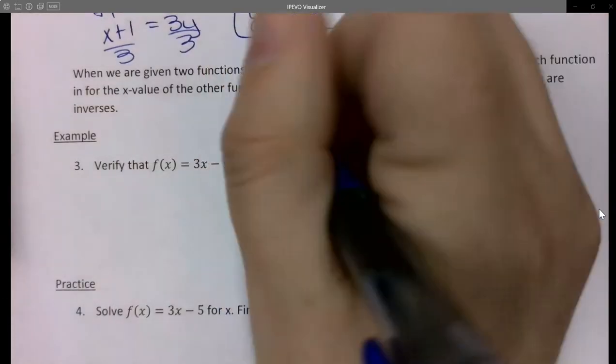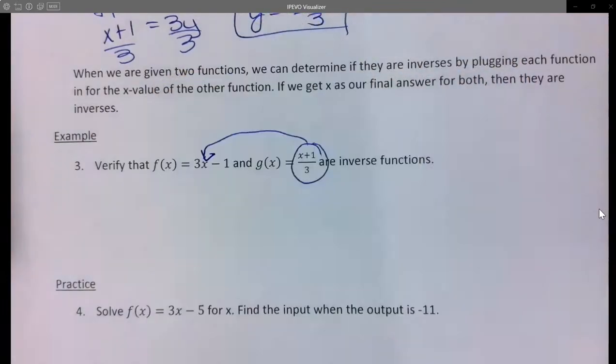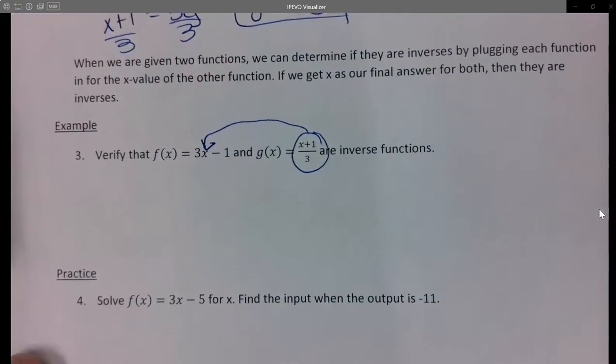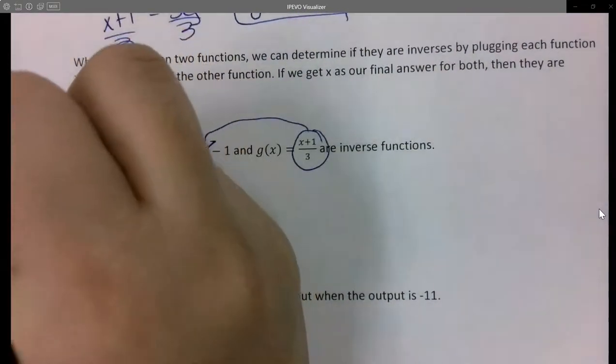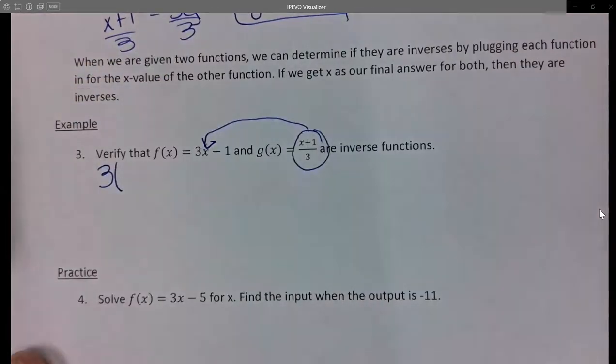So what I'm going to do is take this and first plug it in for my x value of f of x. So I have 3, and then I am plugging that in.